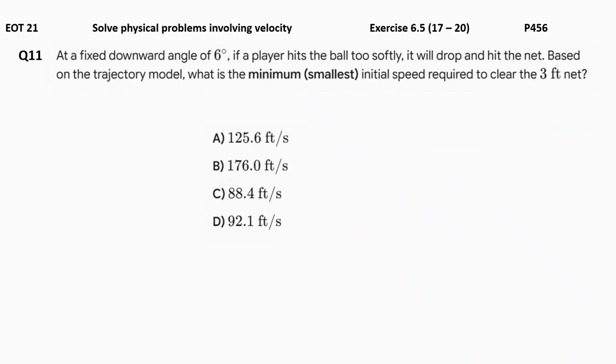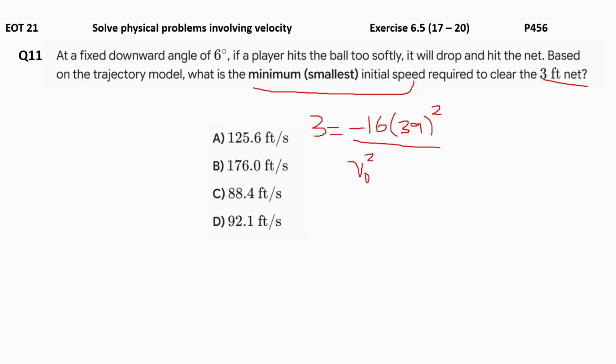In this question, you are going to find the smallest initial speed. So speed is missing. So our y value will be 3, which is given as the height here, 3 feet net. So 3 is equal to negative 32 by 2, which is negative 16, and your x value, the same scenario. So your x remains as 39 square. You're supposed to find V naught, so let it be V naught square itself. Cos square theta is given here.